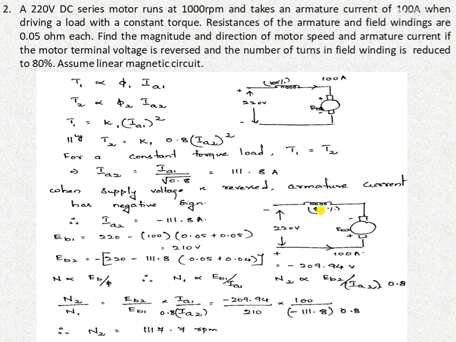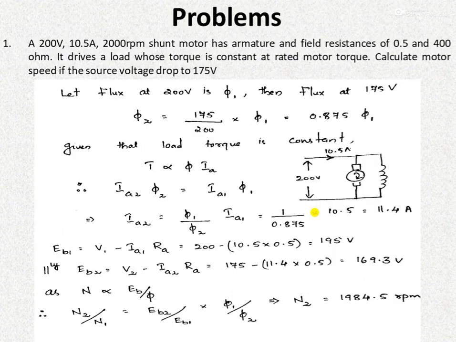So in this problem we have clearly explained how the speed control in a DC series motor can be achieved by the flux control method, because here we have changed the value of flux by reducing the number of field winding turns from 100% to 80%. In the previous problem we saw that we can easily achieve the speed control of the DC shunt motor by changing the supply voltage to a lower value.